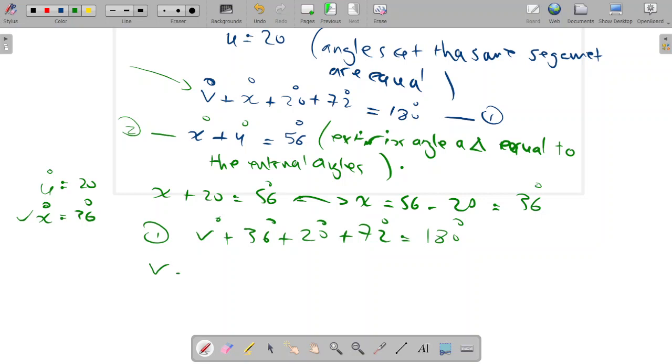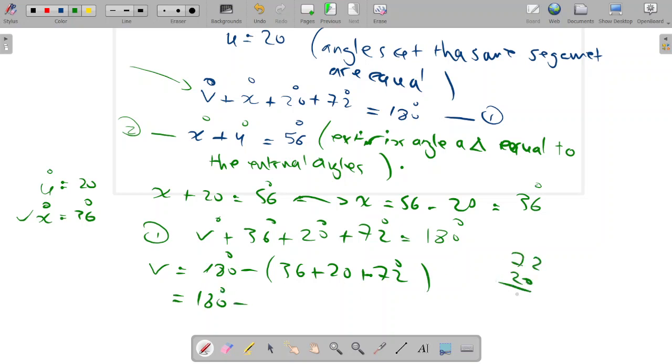So v is going to be equal to 180 degrees minus 36, 20, 72 degrees. I'm going to add these together quickly without a calculator. So it's going to be 180 minus 128 degrees, which means it's going to be equal to 52 degrees. So v is going to be equal to 52 degrees.